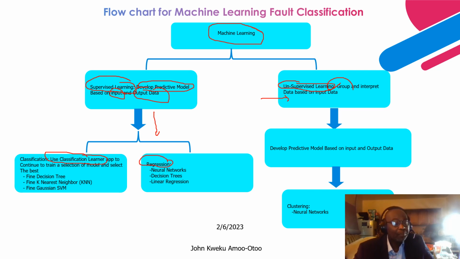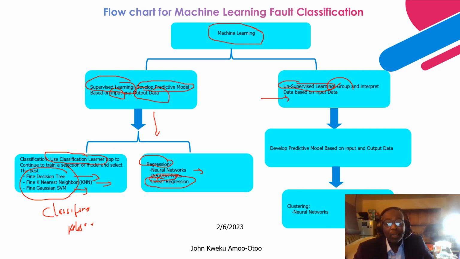Under classification learner, we have fine decision tree, KNN, and fine Gaussian support vector machines, classifier algorithms that you can utilize. Now let's pivot on regression, which is also supervised learning. Under regression, we have artificial neural networks, decision trees, and linear regression.